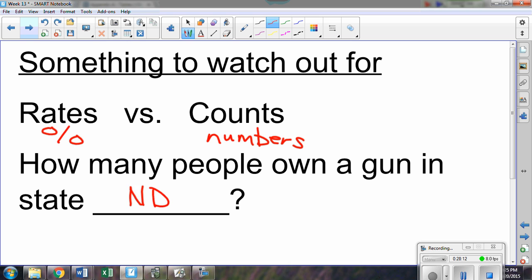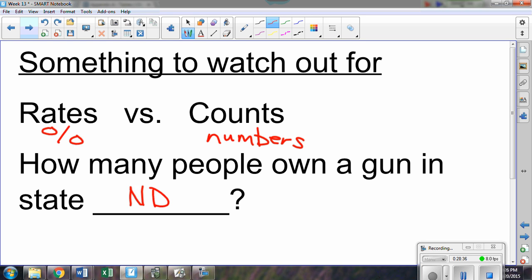All right, now let's go ask the question. How many people own a gun in Russia? In Russia, they have, I don't know the population of Russia. How many millions of people live in Russia? All right, so let's use something a little bit closer. How many people own a gun in Canada?